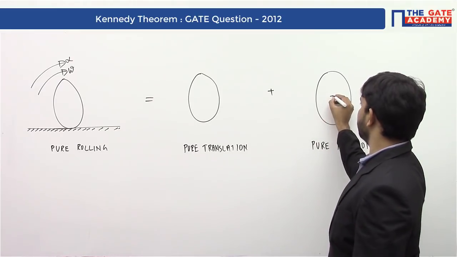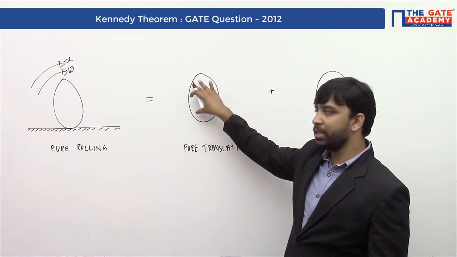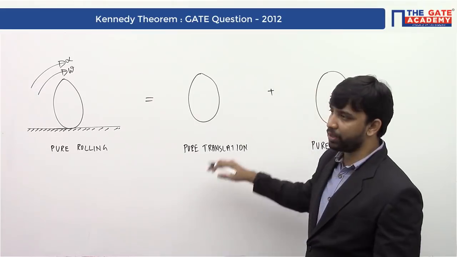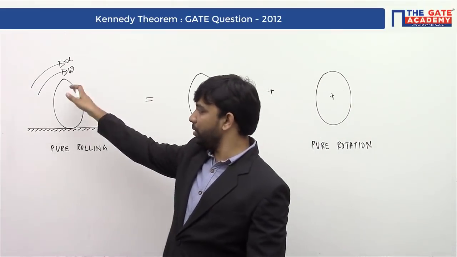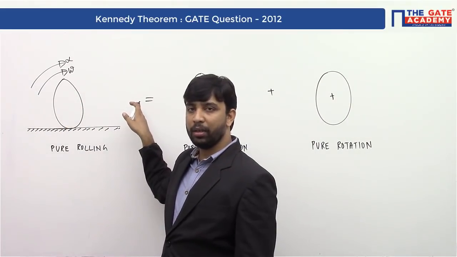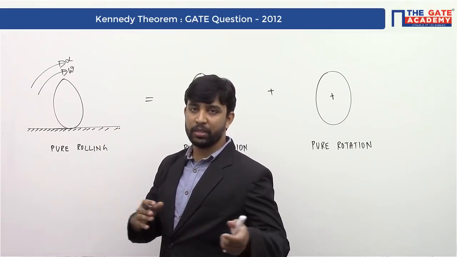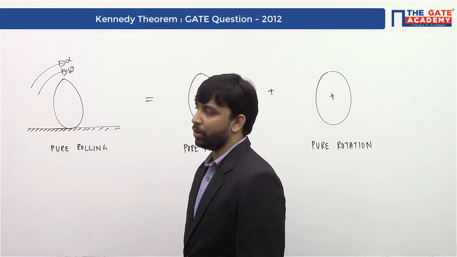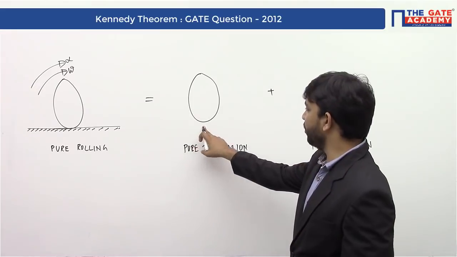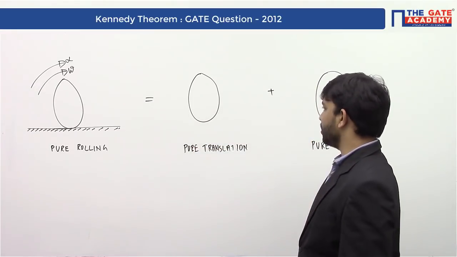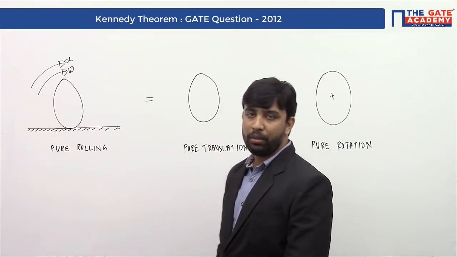Pure rotation in the sense the disk is rotating about its center. Pure translation in the sense the disk is just sliding on the surface. If the disk rolls, the new location of the disk will be different, and the points on the disk are rotating as well as having a linear displacement. The linear displacement is shown by pure translation and the rotational effect is shown by pure rotation.